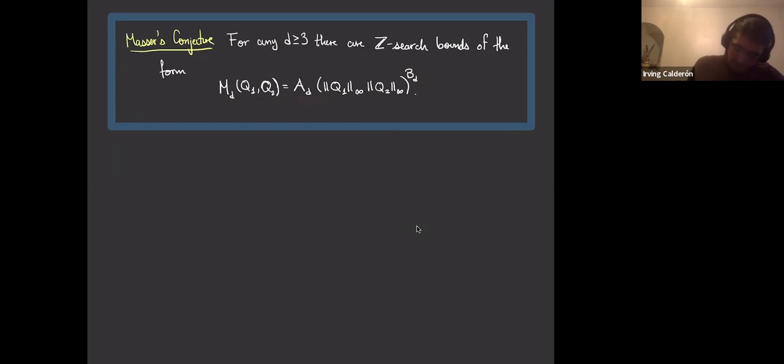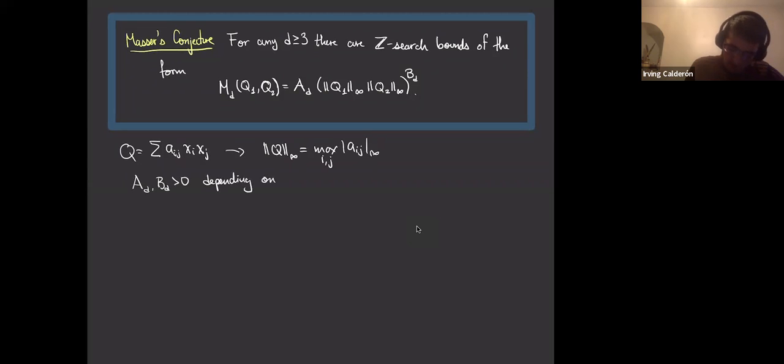And here, if Q is the sum of Aij Xi Xj, then the norm is simply the max of the absolute values of the coefficients, and AD and BD are just positive constants that depend only on D, so depending only on the number of variables.